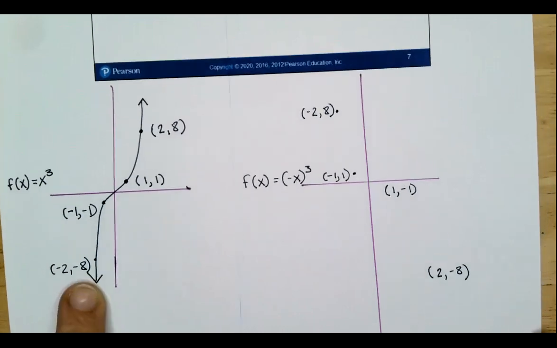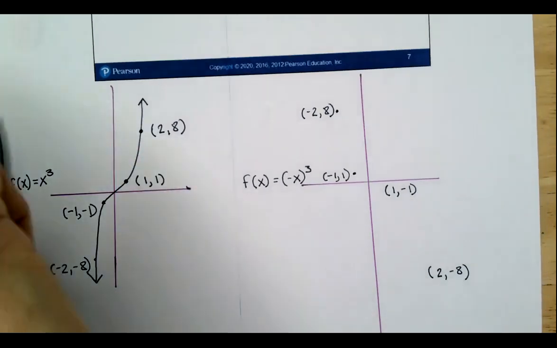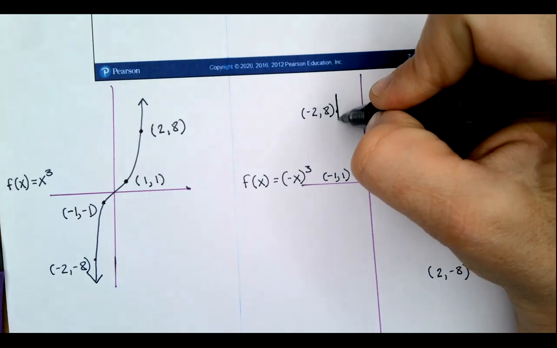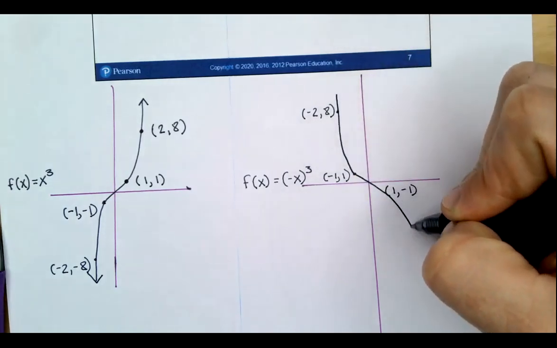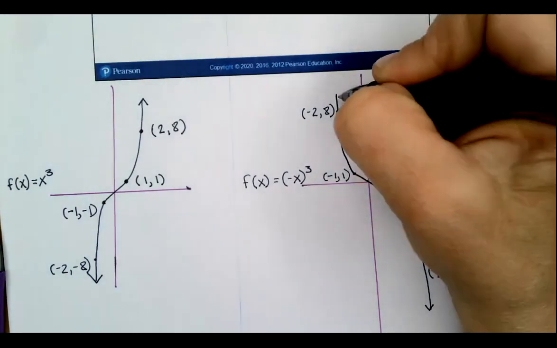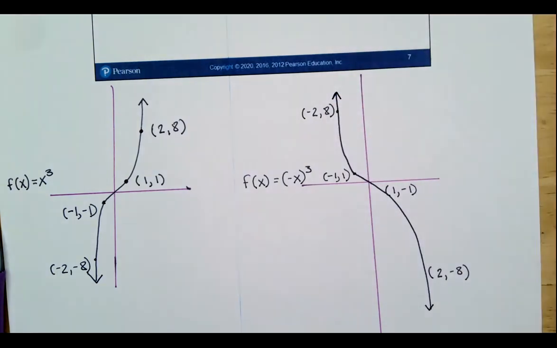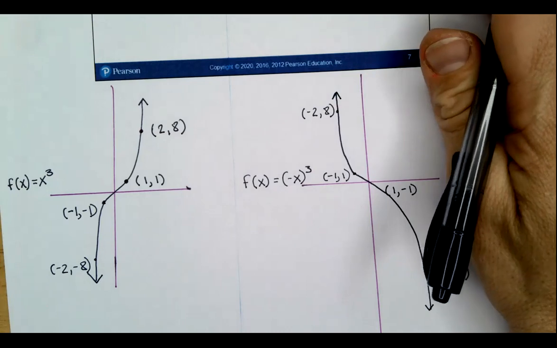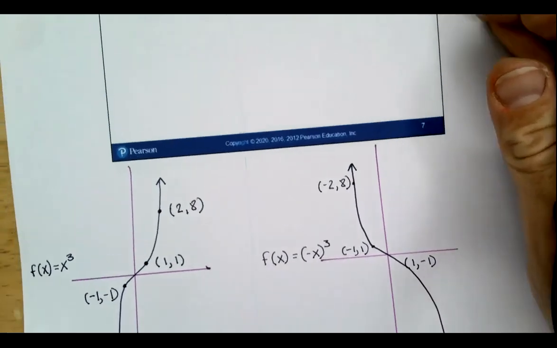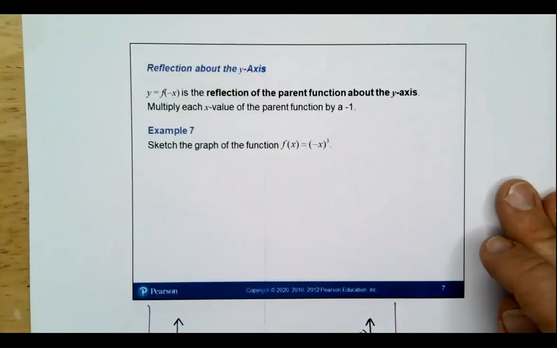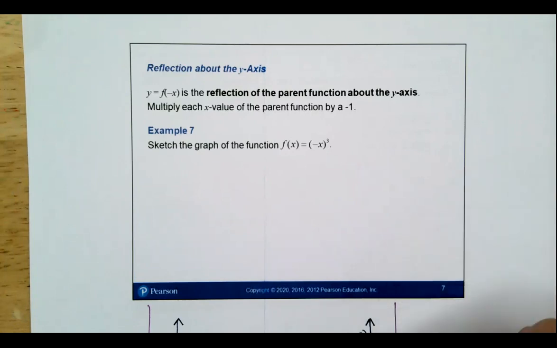I have switched the sign of all of my x values and therefore have reflected it across the y-axis.